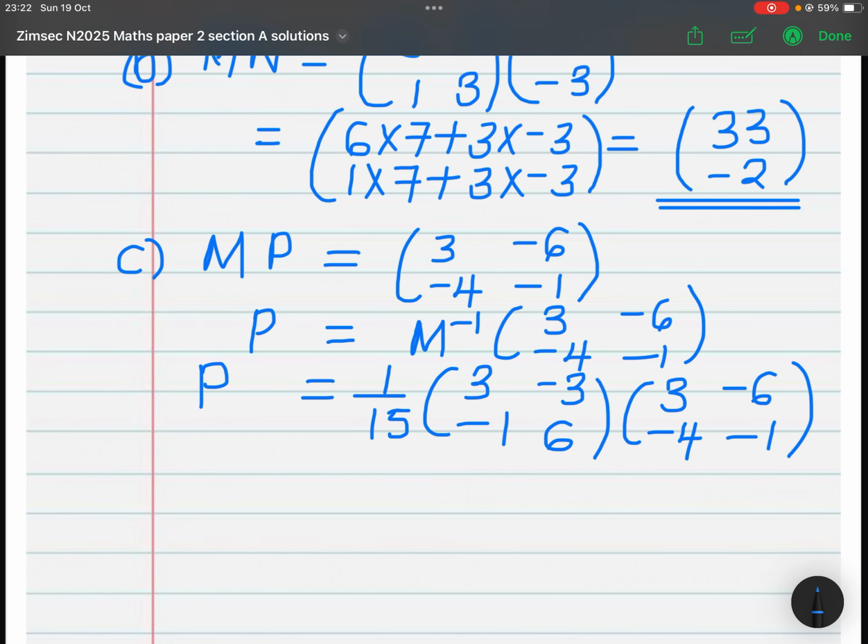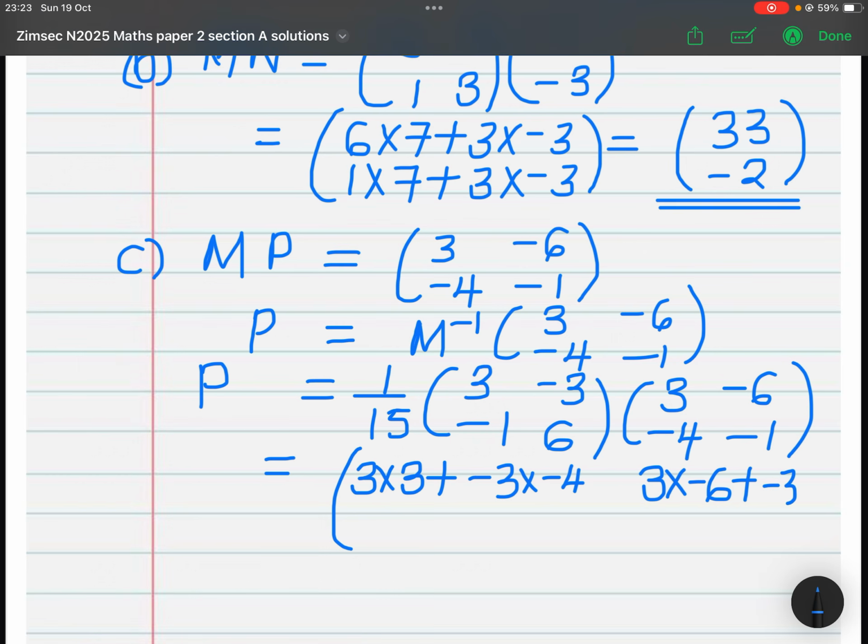So first of all, we need to deal with what is inside the brackets, and then the final answer that we get, we multiply it by 1 over 15. So here we are going to say 3 times 3 plus minus 3 times minus 4. And then we say this row times this column. It is 3 times minus 6 plus minus 3 times minus 1.